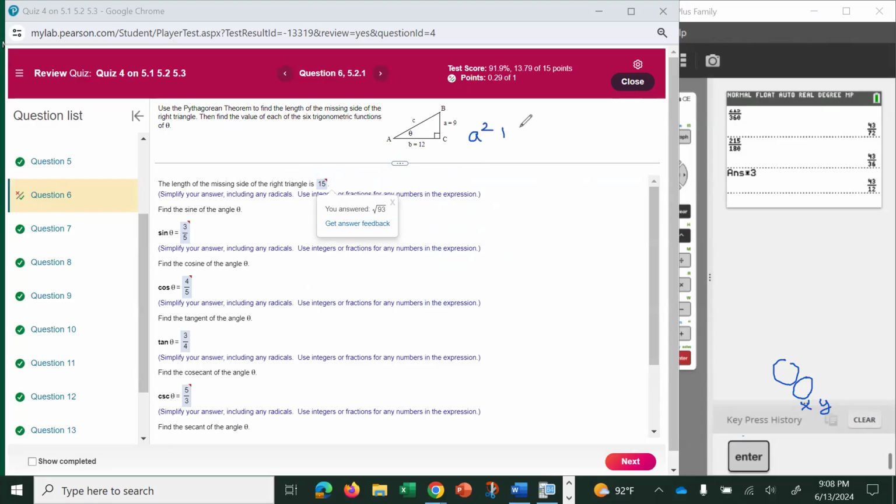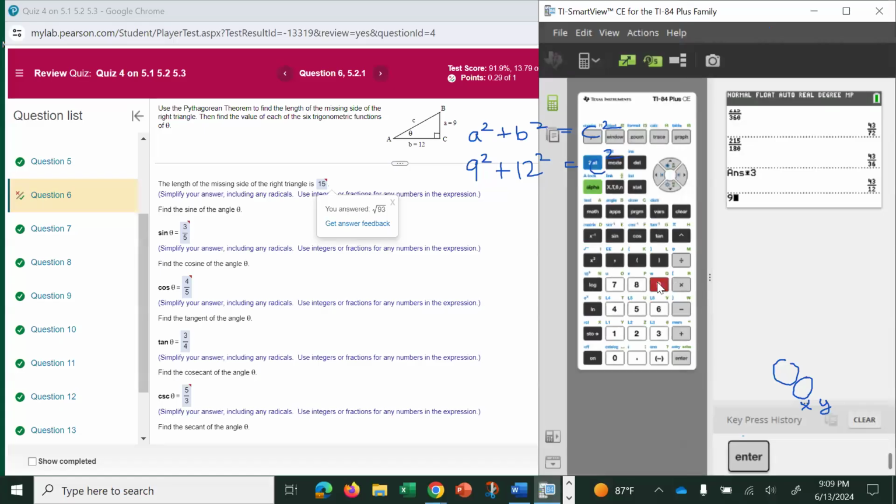So we have a squared plus b squared equals c squared. A squared is 9 squared. B squared is 12 squared. We get c squared, and we put that in the calculator. We have 9 squared plus 12 squared. Okay, I'm not sure how I got 93. I might have to look at the recording again.